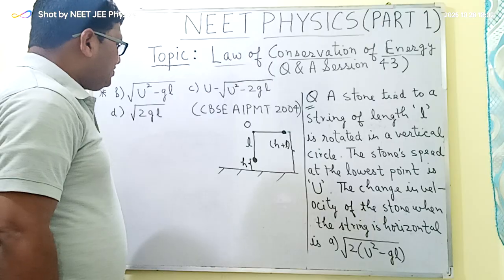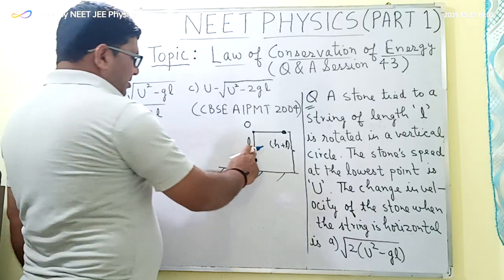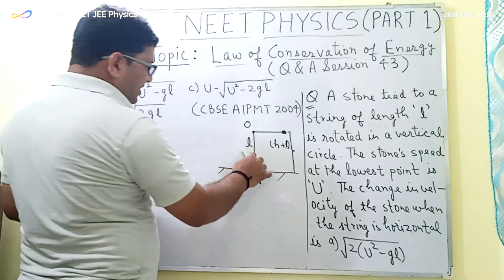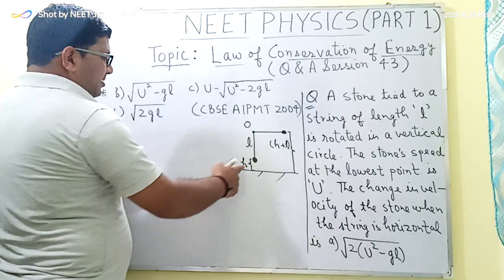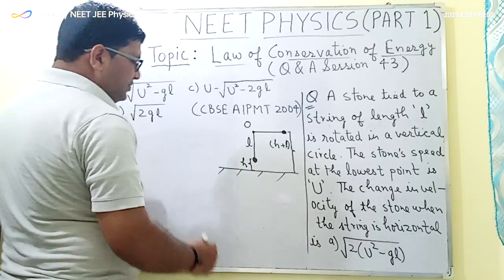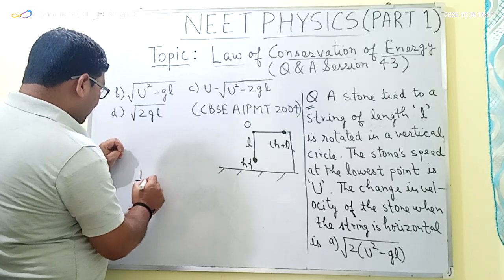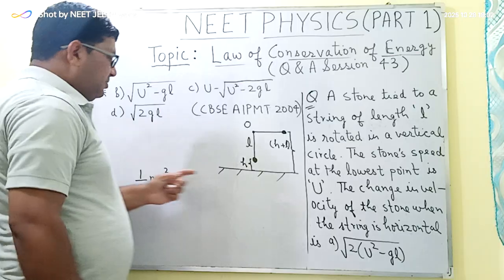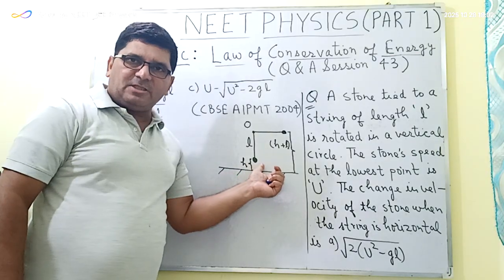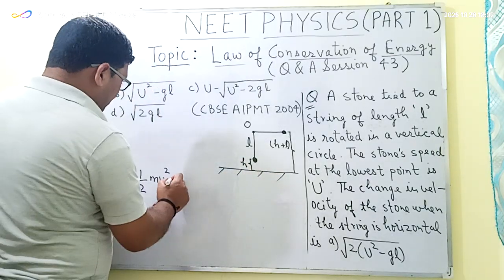Now by using the law of conservation of energy, we will get the equation as follows. At this lowest point, the speed of the stone is u. So the kinetic energy at the lowest point will be equal to half m u square. The potential energy at the lowest point will be equal to mgh.